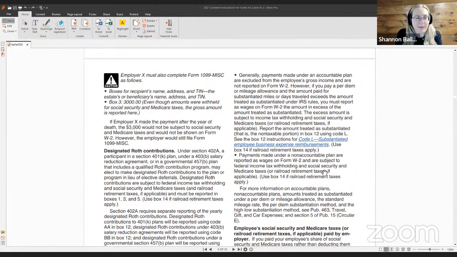If X made the payment after the year of death, the $3,000 would not be subject to Social Security and Medicare taxes and would not be shown on Form W-2. However, the employer in either case must still file the Form 1099 miscellaneous for the $3,000 of accrued wages and vacation pay that was paid after the death.